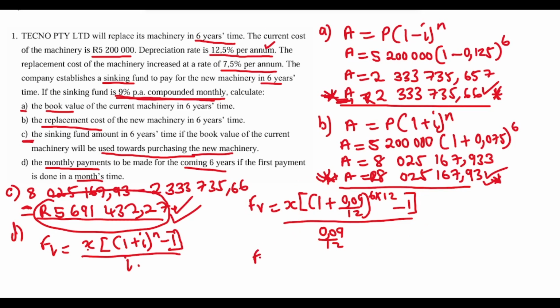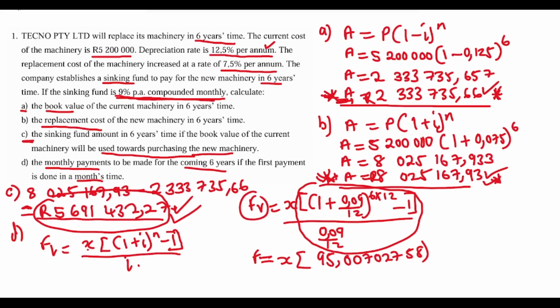We get that future value is equal to x times 95.00702758. Then we divide both sides. Our future value, how much is needed? This is what is needed. So our future value is 5,691,432 rand 27 cents.